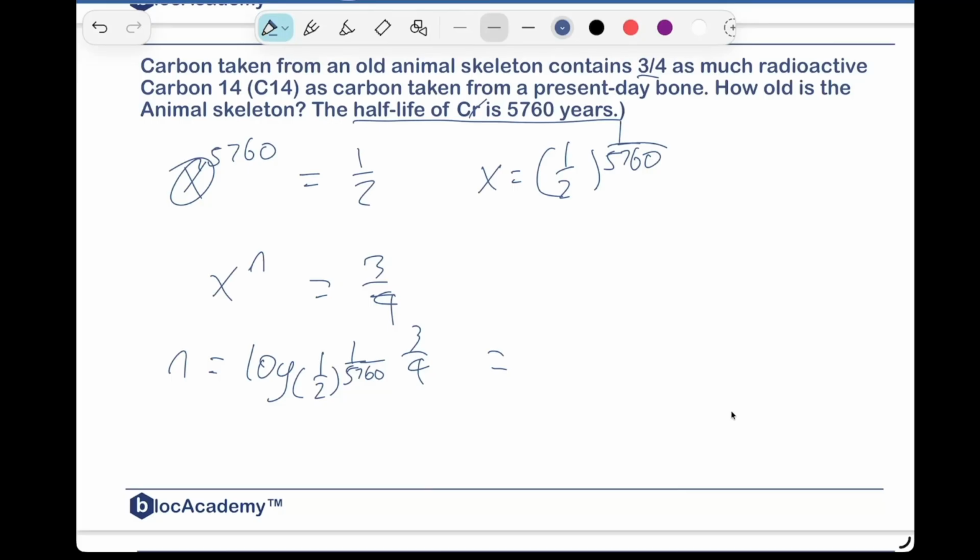Now this is as simple as plugging into the calculator, which is going to be 2,390. So it's going to take roughly 2,390 years.